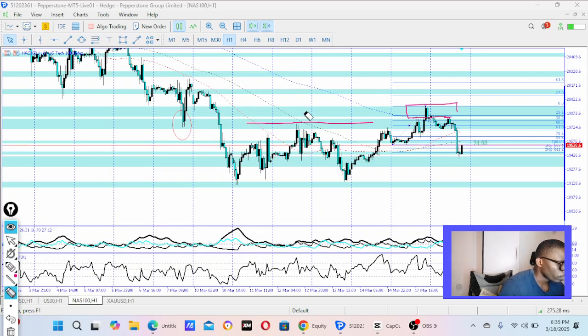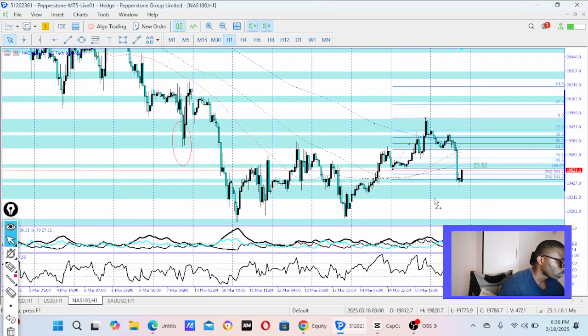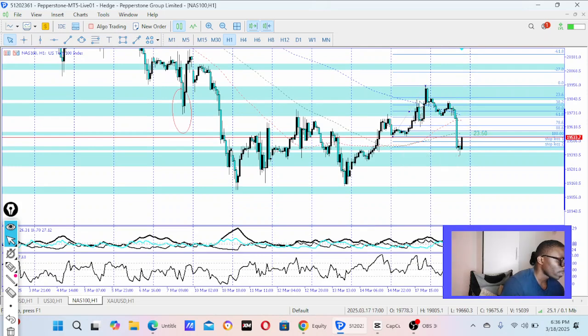So moving forward with Nasdaq, this is what I anticipate. I anticipate the initial movement that I talked about in the prior video. I'm expecting Nasdaq to continue selling.